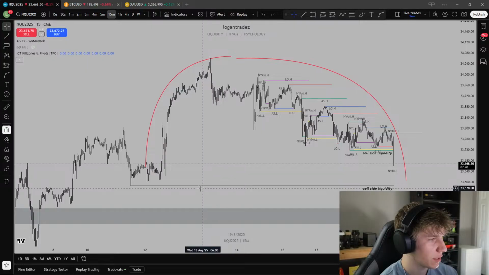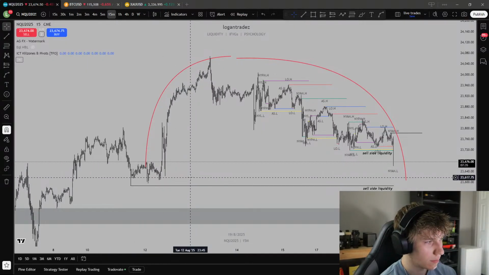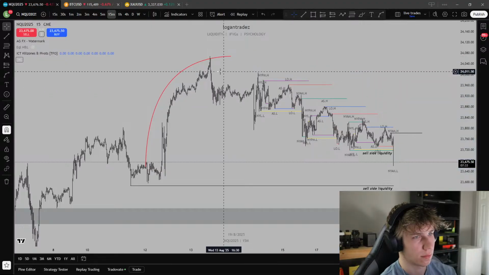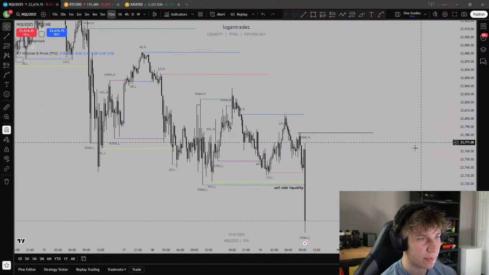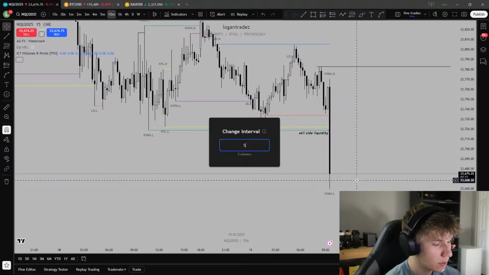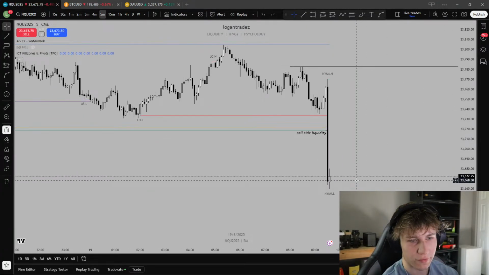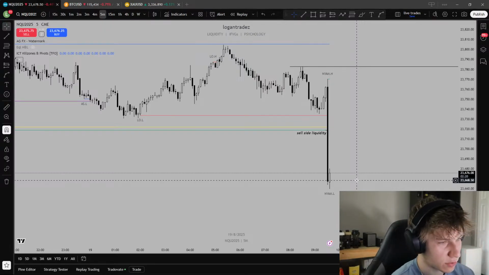So any short here could just finish this, to be honest. I mean, we're looking bearish on the higher time frame. Kind of looks like a market maker sell model. We still have liquidity below. We're selling off here. So if we form a 5-minute, get a continuation short, that could be good as well.